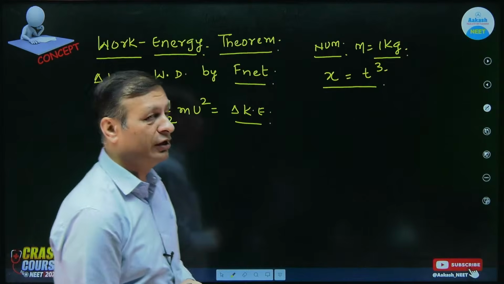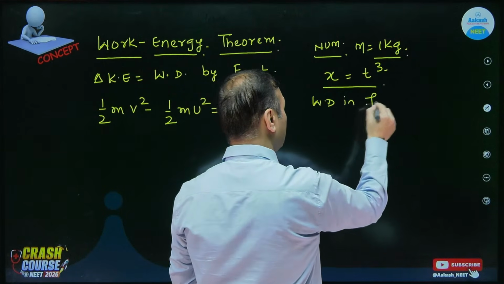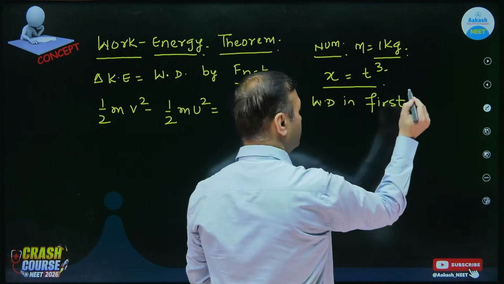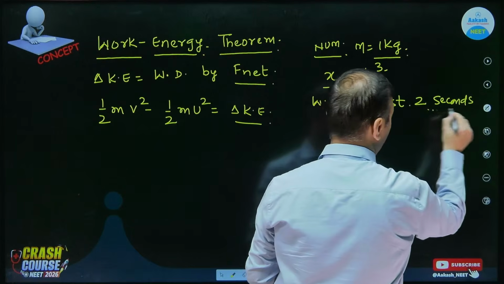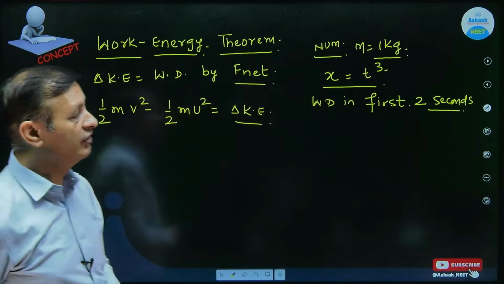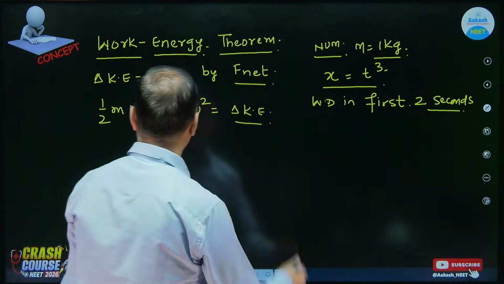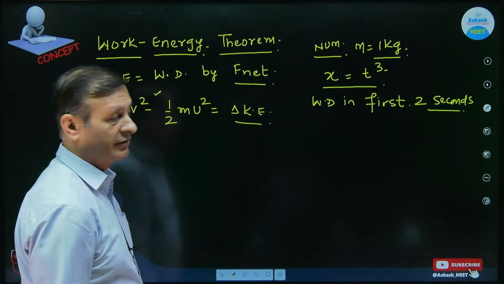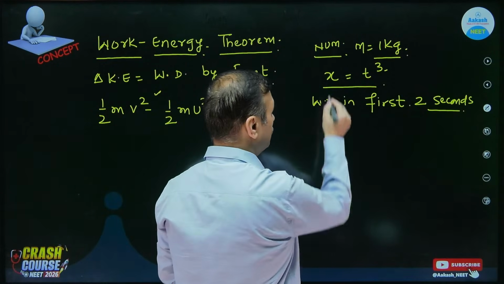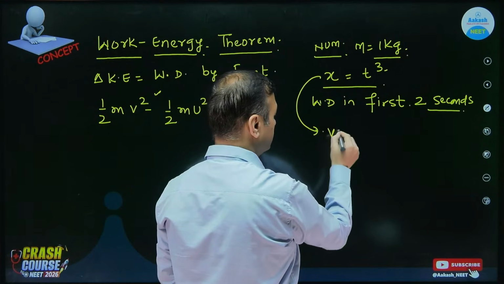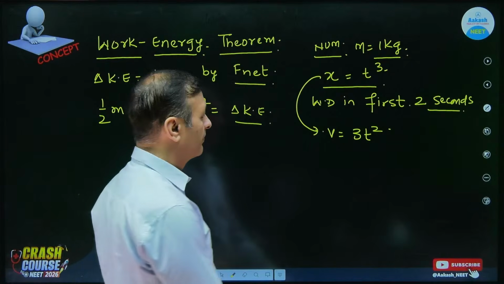We have to find out the work done in, let's suppose, the first 2 seconds. So what is the work done in the first 2 seconds? We'll go by the same principle, because this is how we'll define the work done. Let's define the velocity just by differentiating it. This gives you 3t square.